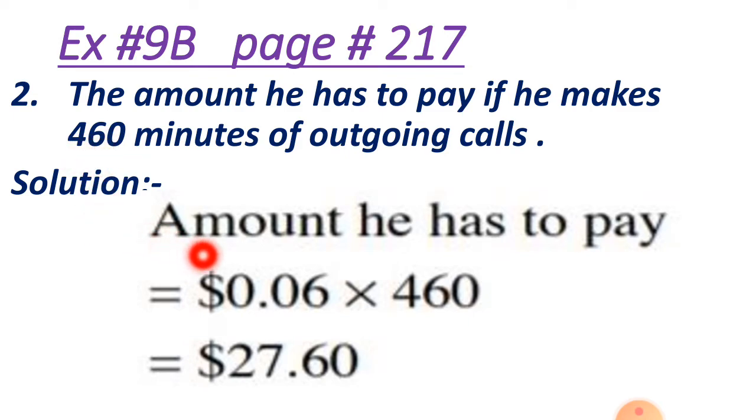The solution is: amount he has to pay is 0.06 into 460. This is for 1 minute and this is the total minutes, 460. When you calculate these both numbers, you will get $27.60. It means for 460 minutes he has to pay $27.60.